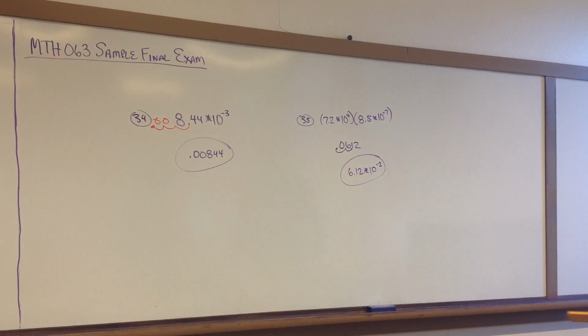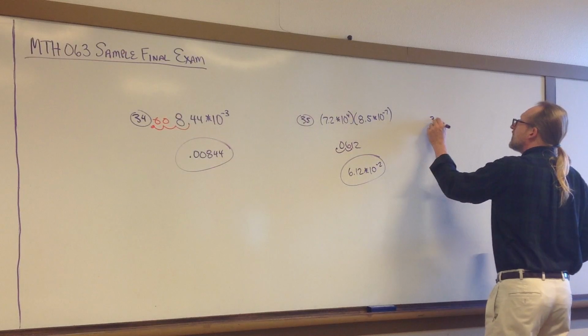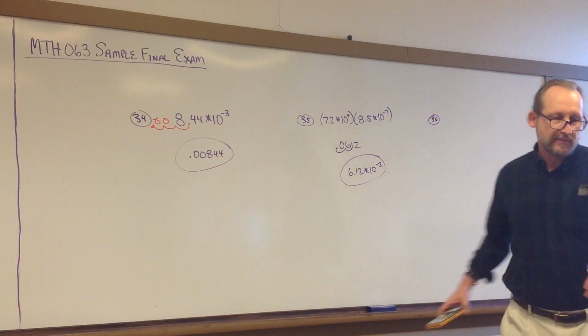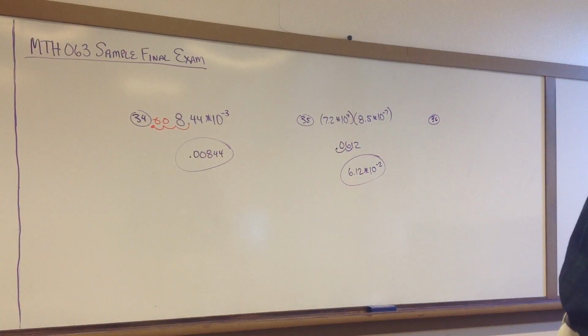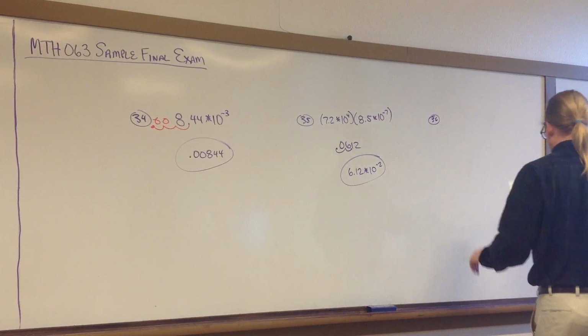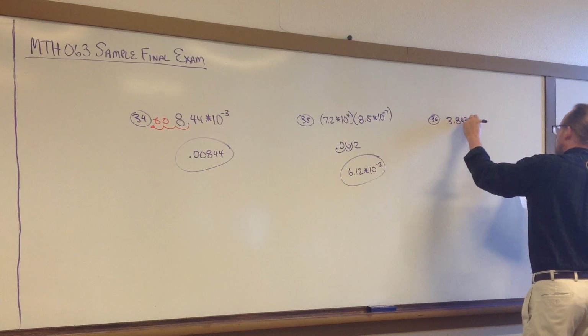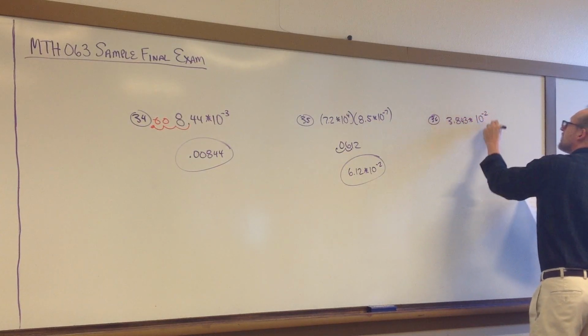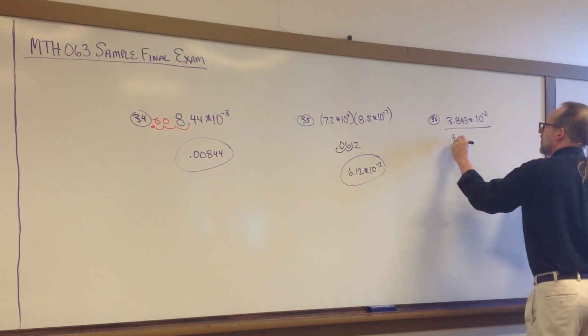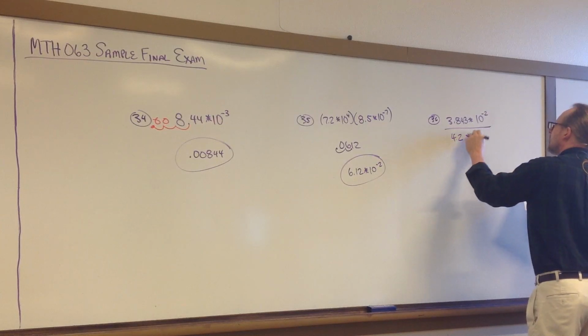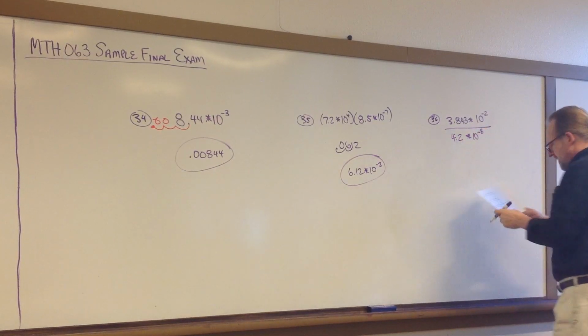Let's go, same thing on problem 36, except I believe that's going to be straight division. 3.843 times 10 to the negative 2 over 4.2 times 10 to the negative 8.